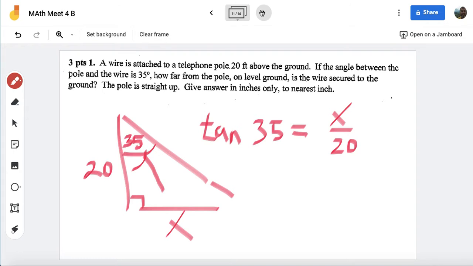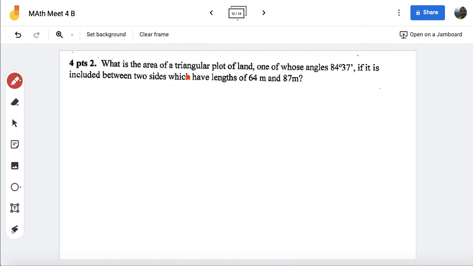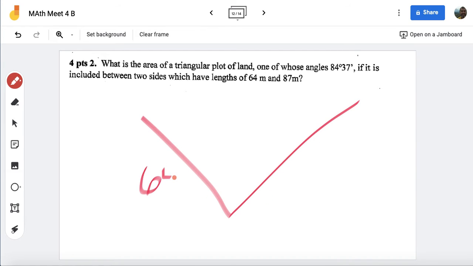That wasn't too bad. What is the area of a triangular plot of land whose angles, if it's between two sides? Holy smokes. So this is 64, and this is 87, and this is a problem. I'm going to change that into a decimal.